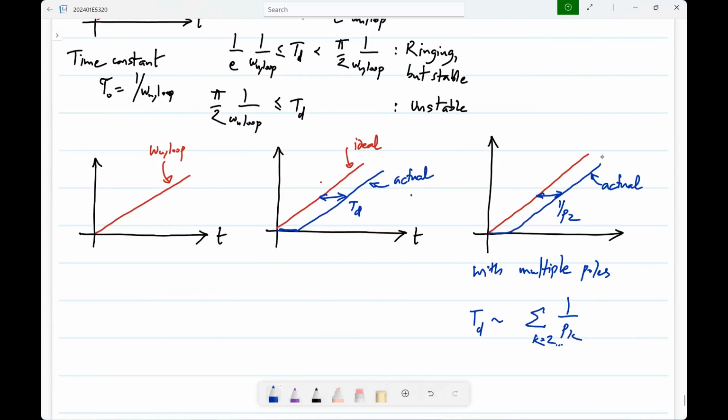So you can have either one pole at some frequency, or now you can also see each pole goes on adding a delay to keep the total delay the same. Let's say half of tau 0, half of 1 by omega u loop. If you have more and more poles, each pole must be at a higher frequency so that the sum is restricted to some value.